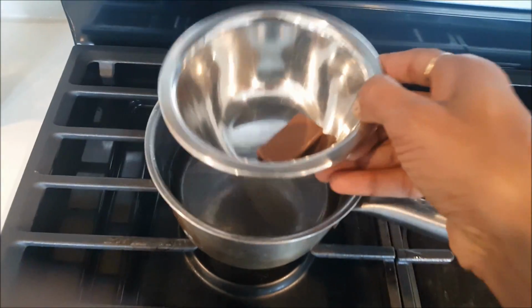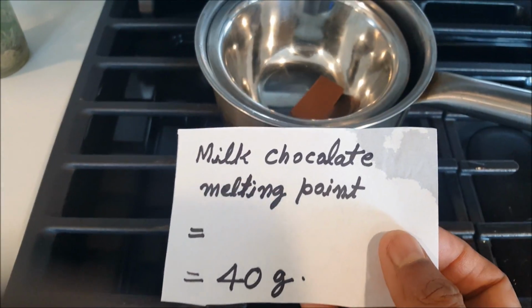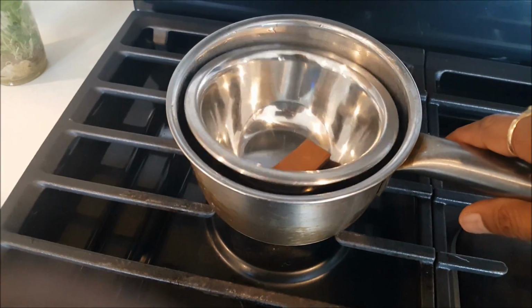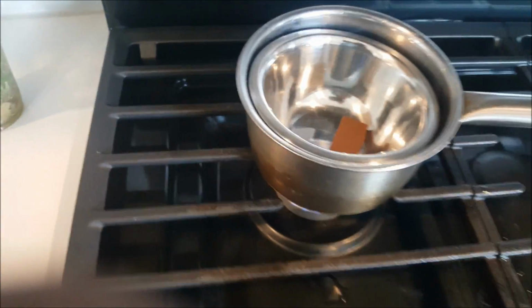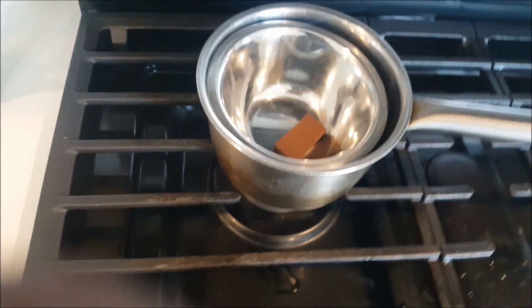Now I will place this chocolate, milk chocolate. So this is the milk chocolate. Now we'll find out, and then start the stove. So we'll keep measuring the temperature at what temperature it will melt.